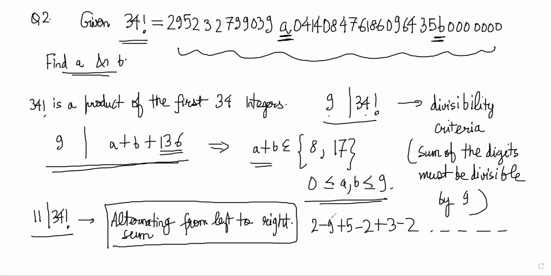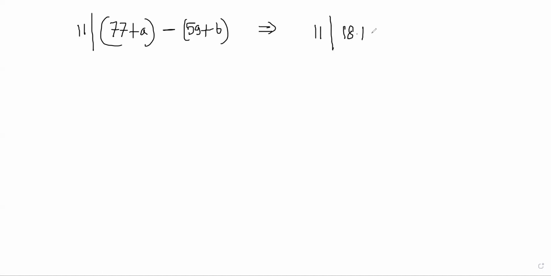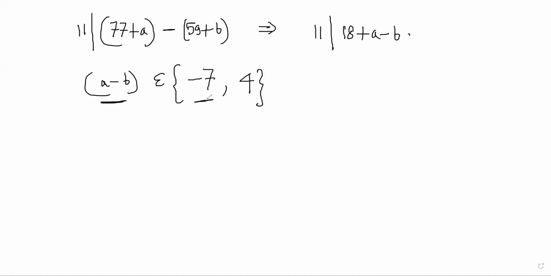So if you do this calculation, you will end up getting something like this: 11 must divide 77 plus A minus 59 plus B, which becomes 11 divides 18 plus A minus B. Now that means A minus B could be minus 7 or could be 4, right? A minus B could be negative here because the difference between the digits could be 7.